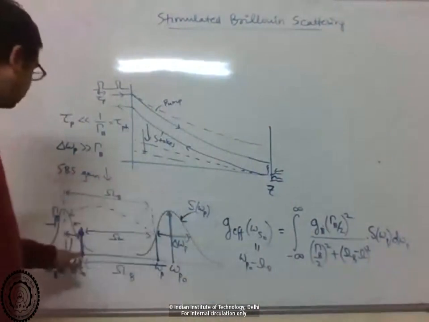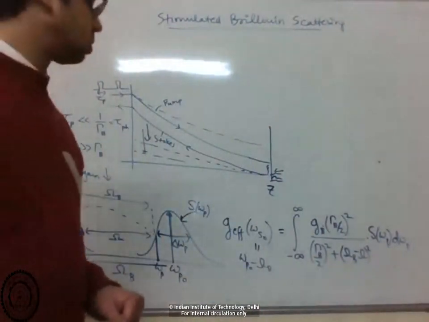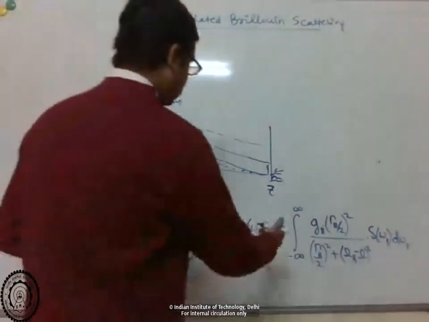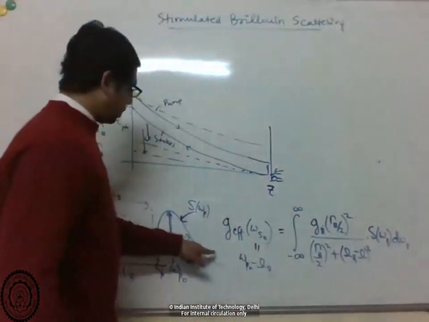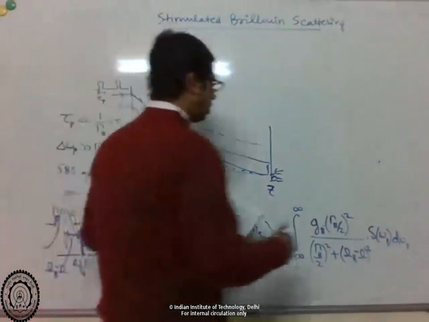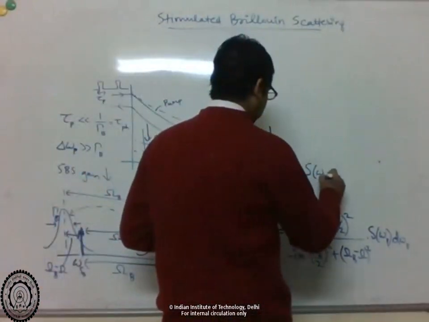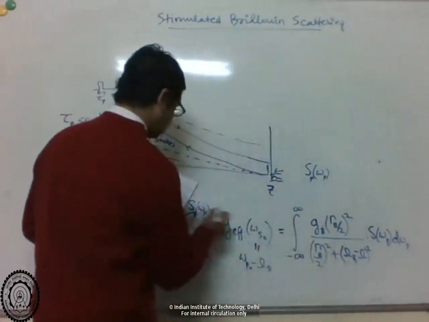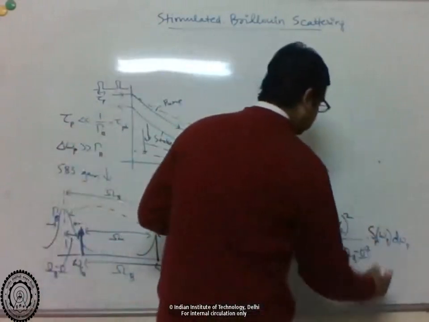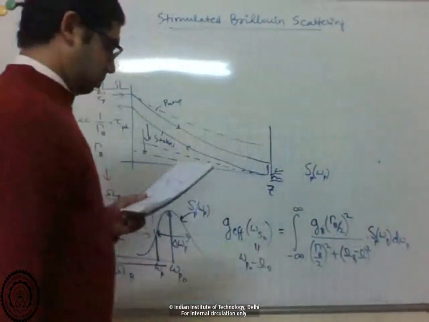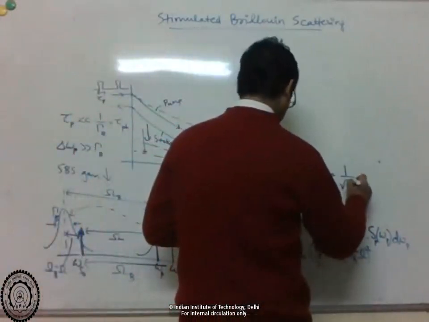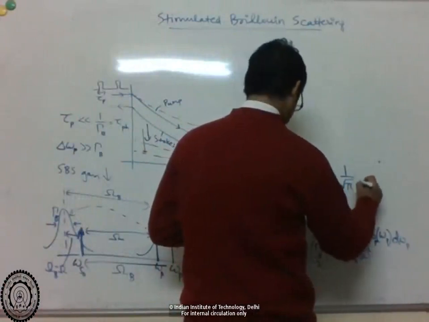So it will just be GB, the maximum gain. As I said, we can assume some function for this spectrum. The most common thing to assume is a Gaussian function, because a Gaussian function approximates many things well. So you can assume a Gaussian shape for this.